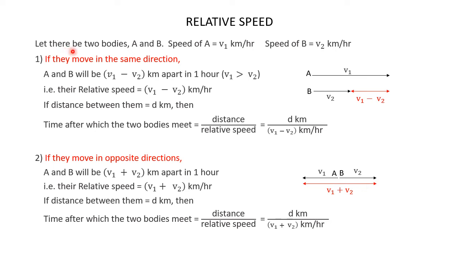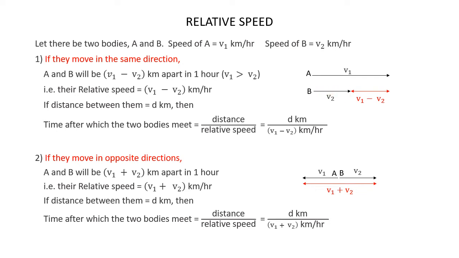So let's suppose there are two bodies A and B. Speed of A is V1 kilometers per hour. Speed of B is V2 kilometers per hour. Now when A and B move in the same direction, that is A moves with a speed of V1 kilometers per hour in this direction and B moves with a speed of V2 kilometers per hour in this direction.